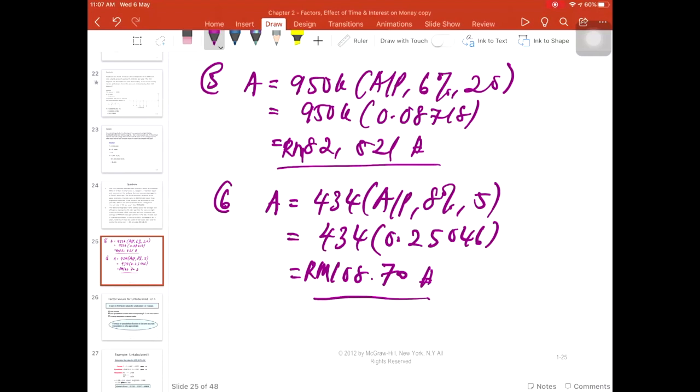Can I add something? The one from question number 5.